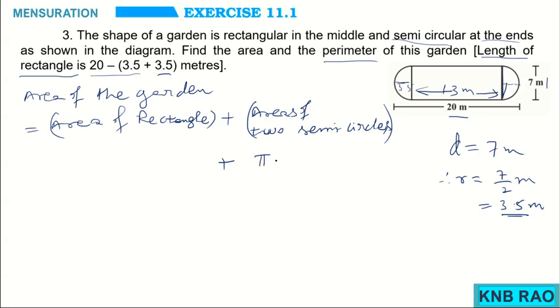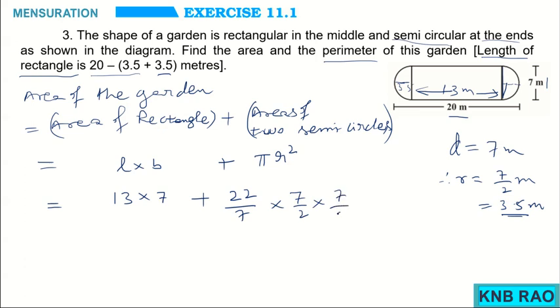I am straight away taking the pi r square formula, and here the area of a rectangle, you know, is length into breadth. Here the length is 13 meter, breadth is 7 meter, and here the pi value is substituted as 22 by 7, r is 3.5, or I can say 7 by 2. So r square is 7 by 2 into 7 by 2. This 7 and this 7 cancel, 2 ones are and 2 11s are.